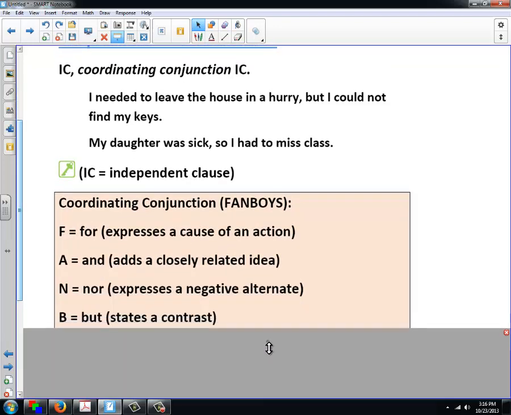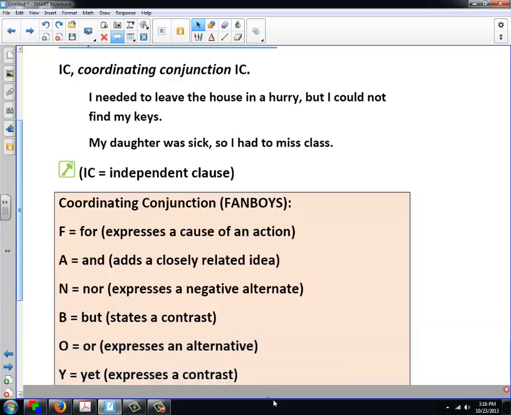For is very similar in meaning, when used as a coordinating conjunction, to the word because; you're expressing a cause of an action. We'll see an example in just a minute. Sometimes you just want to quickly add on another idea, and "and" is a coordinating conjunction for that. Sometimes you want to set up a neither-nor between two sentences, and so you use "nor" as a coordinating conjunction to express a negative alternative.